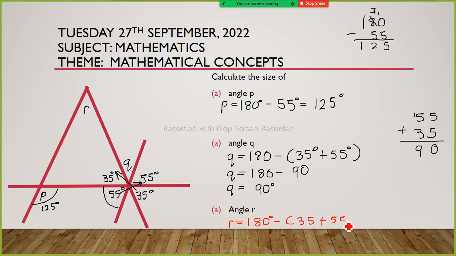And so this is going to be equal to R, which is equal to 180 degrees. Let me change this. Make sure you can see it properly. So R is going to be equal to 180 degrees minus what? 90. And so R is 90 degrees.